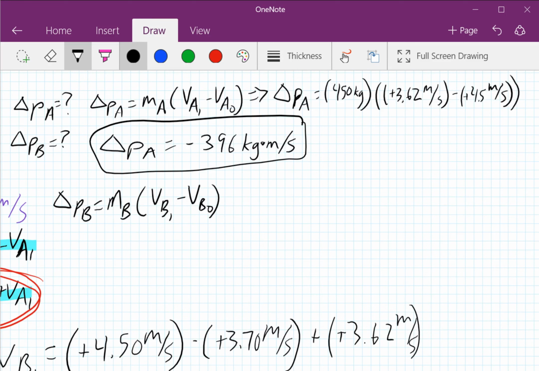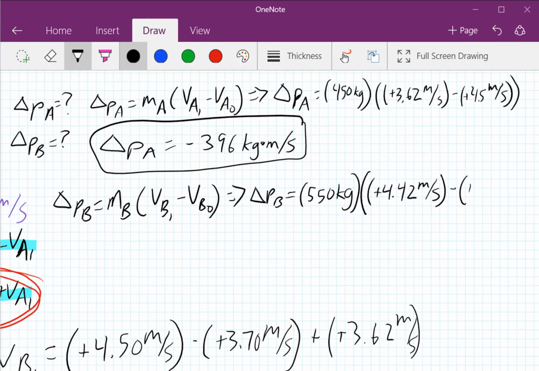Now obviously the change of momentum should be equal and opposite, but you should still do it for mass B just to make sure. So you're confirming your answer. You would have delta PB equals 550 kilograms times 4.42 meters per second minus positive 3.70 meters per second.